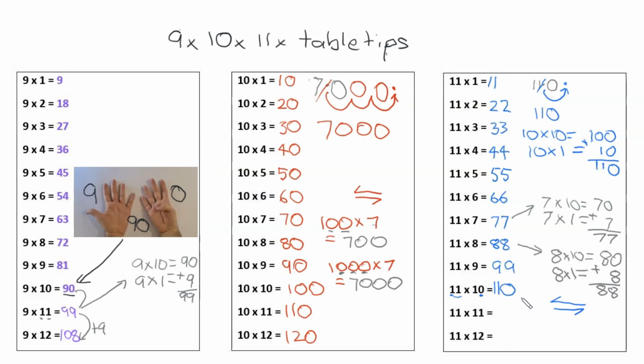So if we want to go from 11 times 10 to 11 times 11, well, here you had 10 groups of 11, and here there's one more. There's 11 groups of 11. So to go from 10 to 11, you just add one more 11, one more group of 11 to make it 11 11s. So when you add 110 and 11, you get 121.